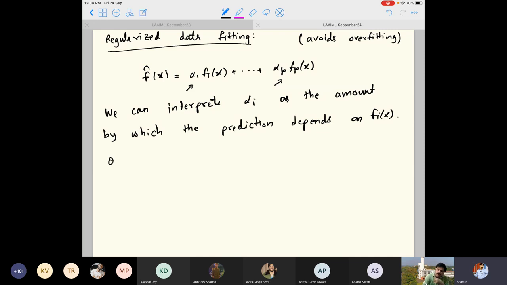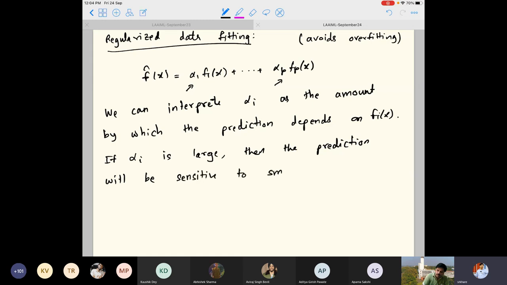So suppose this parameter alpha i is large, then the prediction will be very sensitive to small changes in f_i(x), and this will be particularly true in the case of unseen data.